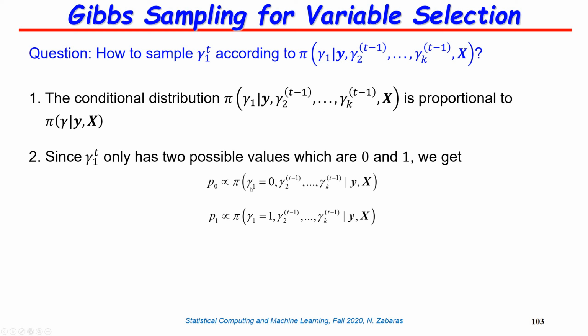The only thing you have to do is calculate the posterior of gamma using the values gamma 1 equal to 0 and gamma 1 equal to 1, keeping all the other gammas at whatever previous values you have already evaluated. And of course you can do the same thing for the conditional of gamma 2 and gamma 3, etc.